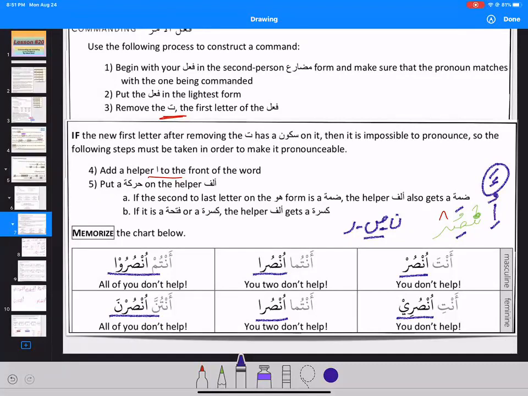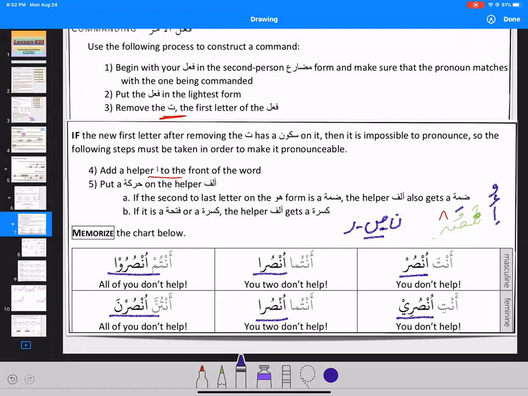Otherwise, we don't give a sound to any other family. So now sad has u sound, so I'm going to give it u sound, and that will become unsur. This is how it becomes unsur.